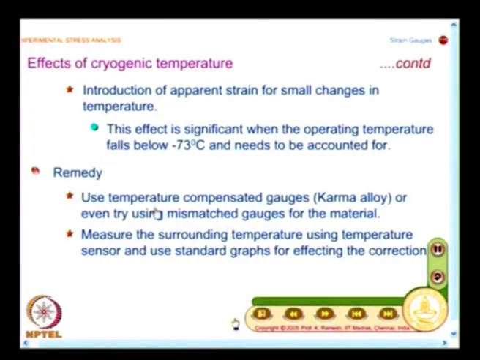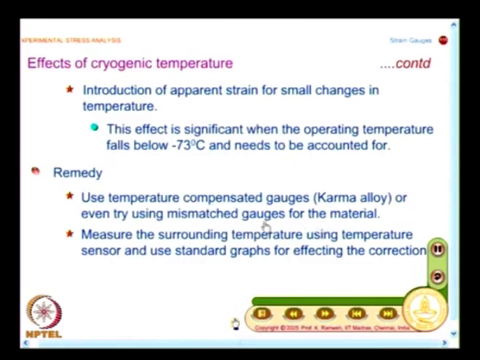You should not mix these gauges, then your measurement will be erroneous. See, for any rule there will be an exception. The exception applies in cryogenic temperatures. So, in cryogenic temperatures the recommendation is to use temperature compensated gauges or even try using mismatched gauges for the material.